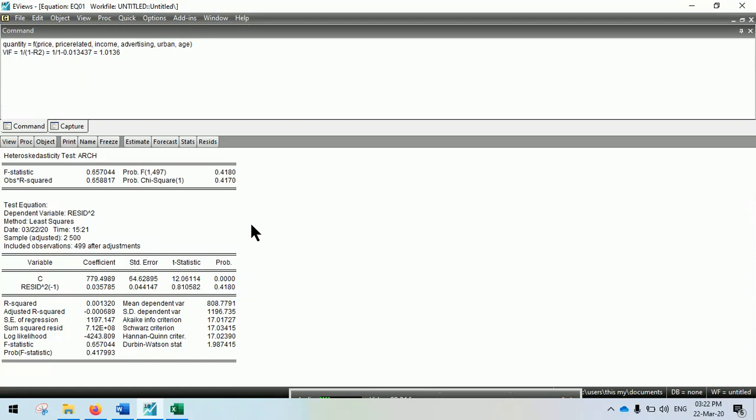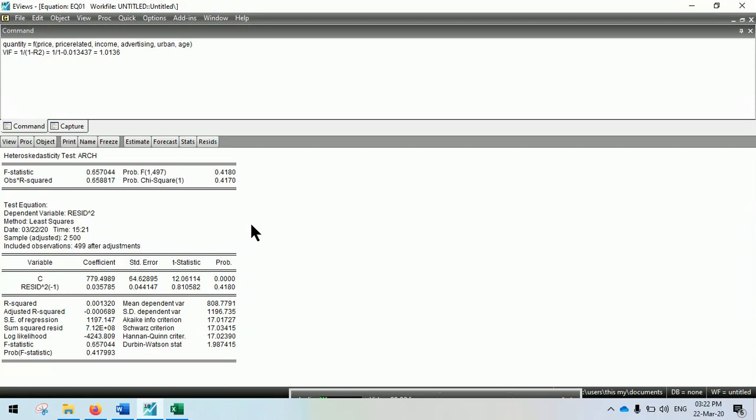Therefore, I cannot reject the null hypothesis, and I have to accept it. So H0 is there is no hetero problem.